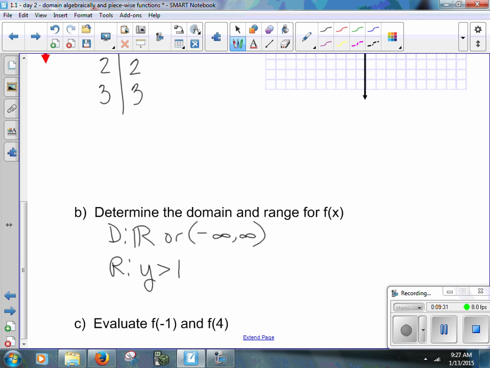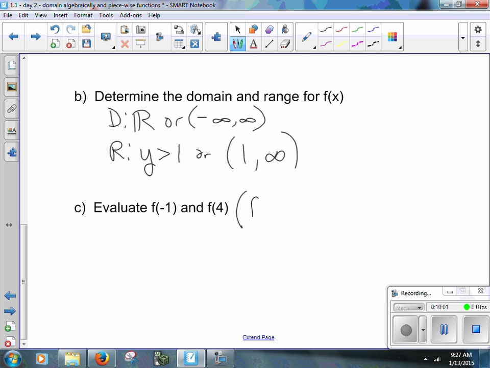So how would I write it as an inequality? No line. Why not? Not included. How would I write that as interval notation, y'all? One more time. I'm sorry. You guys agree with that? Do you see, if I give you the picture, would you be able to determine the domain and range? Do you think? Yeah? Most of you?